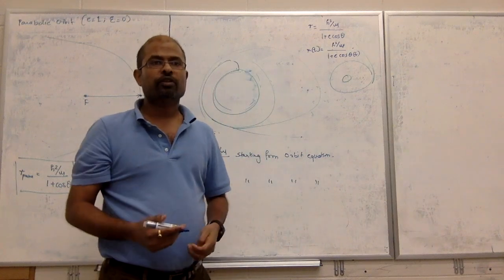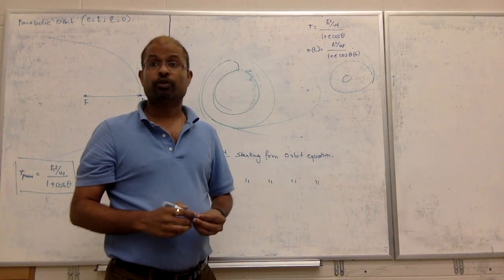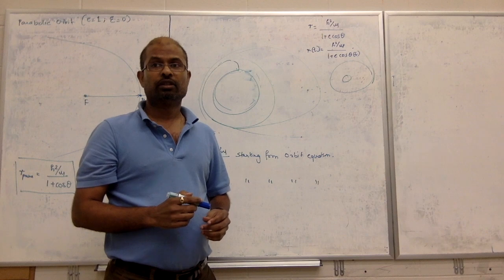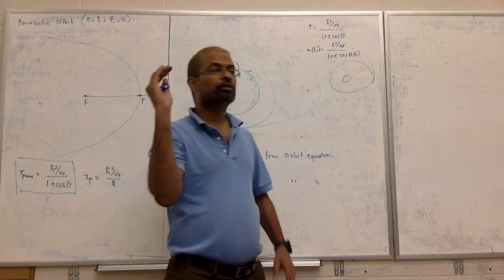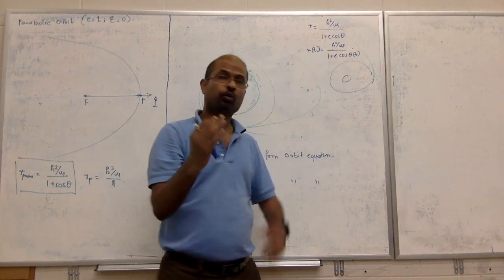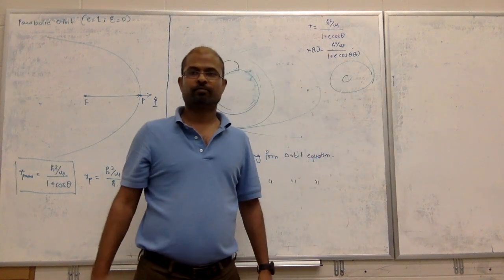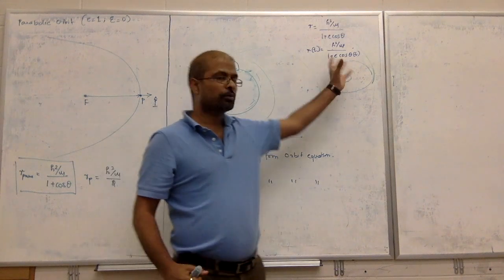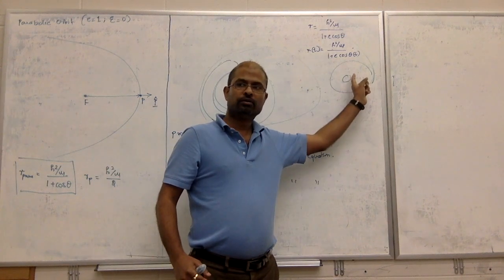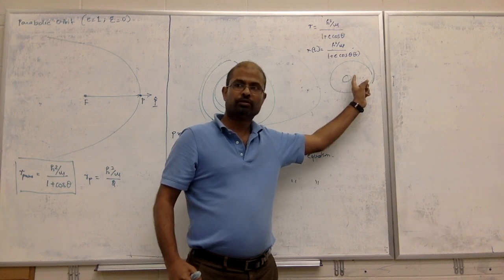When you're thrown, after you're thrown away, if you have enough energy, you'll get into a hyperbolic orbit. You'll keep going past this. But if this catches you completely, you'll get into a closed orbit.